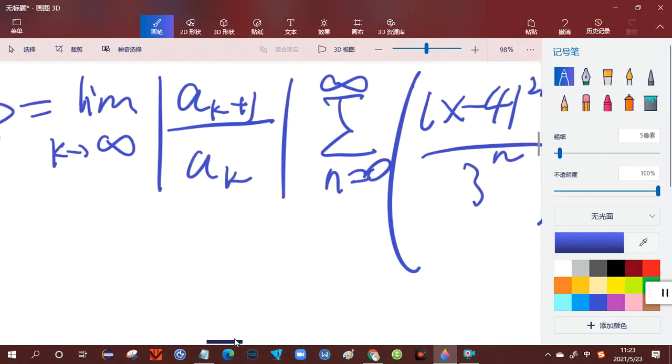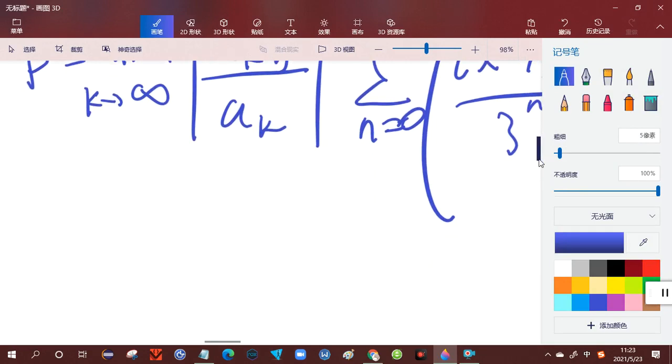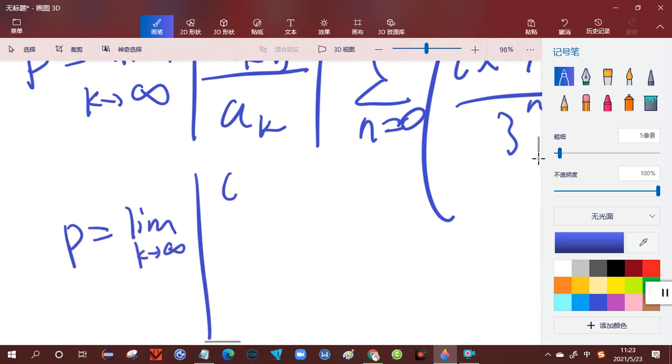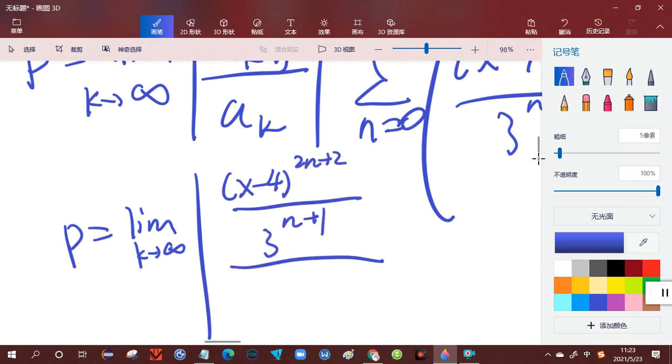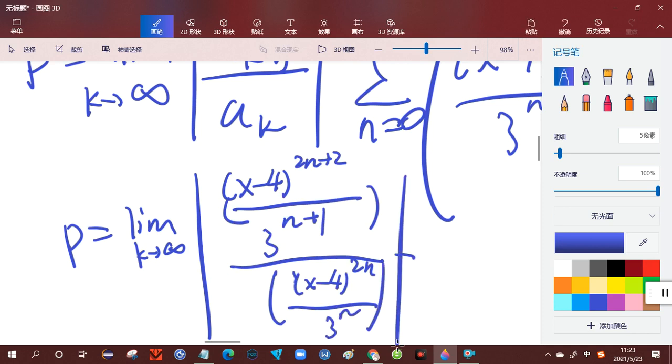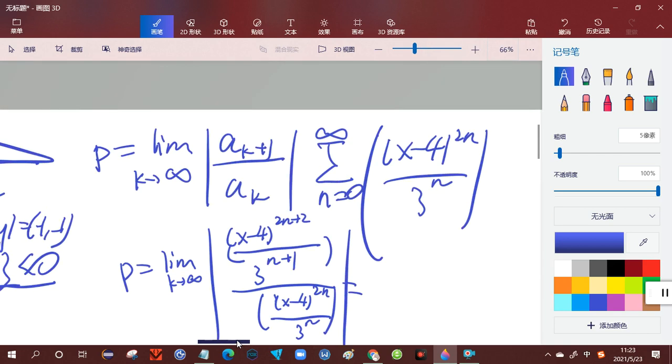Then we can simply plug in the equation. So p equals the limit of (x minus 4) to the 2n plus 2 over 3n plus 1, divided by (x minus 4) to the 2n over 3n.